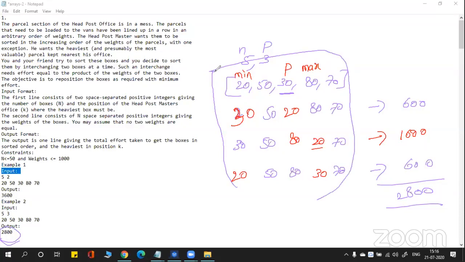What is that part? Changing position with minimum, then position with the maximum element, and then maximum with this element. I'll write down the logic for this. After this is done, next is sorting only. You need not worry about that.